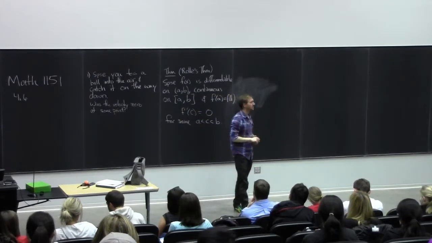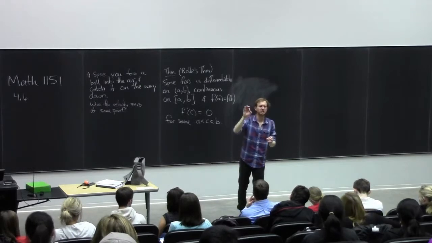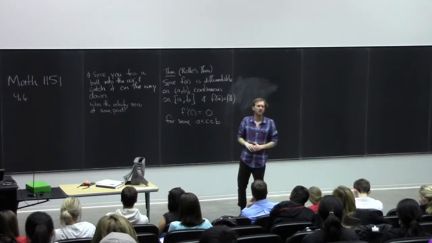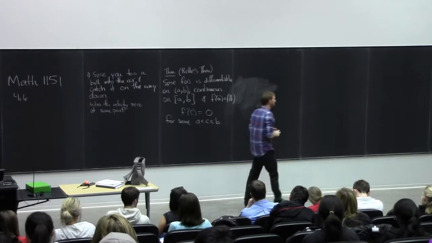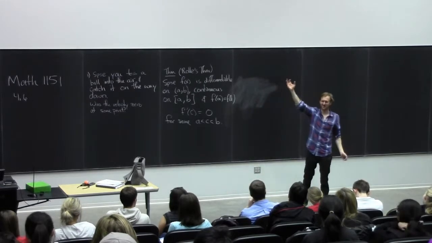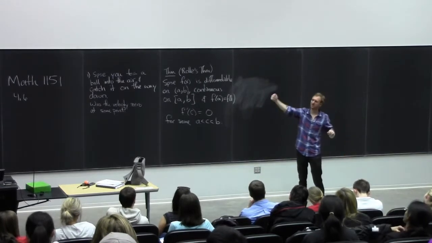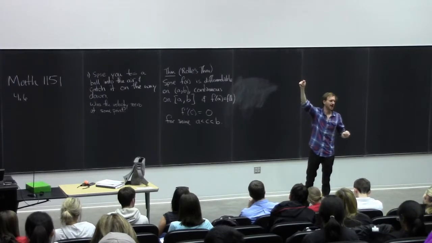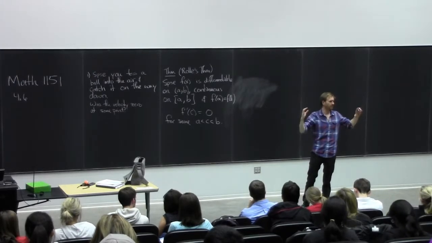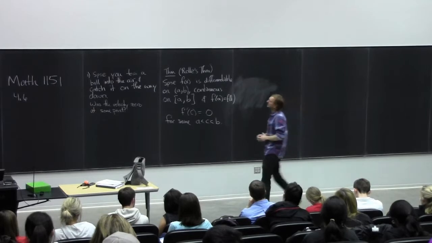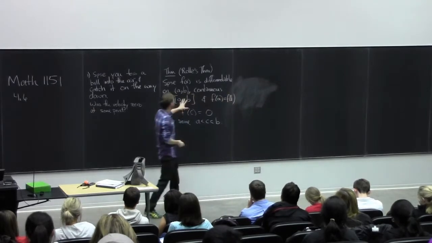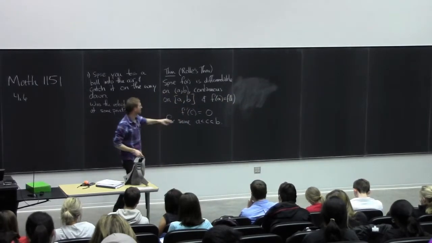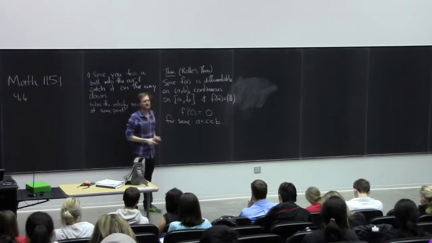It says that there's an intermediate value. Another is the extreme value theorem. It says that if you have a closed interval, then your function reaches a highest and lowest point on that closed interval. So this one is kind of like those. It's saying there's a value where the derivative is 0.